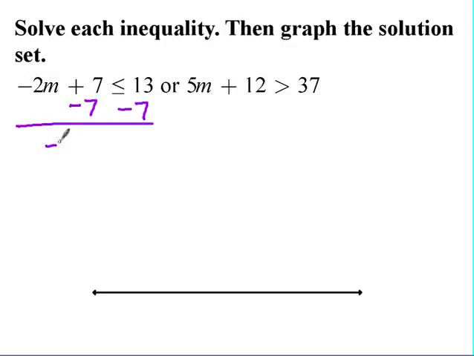So I get -2m to be less than or equal to 6. What do you do now? Divide by -2. Now, when I divide by -2, that should kind of set off warning bells. You got to switch the sign. Okay, so I really get m to be greater than or equal to -3.